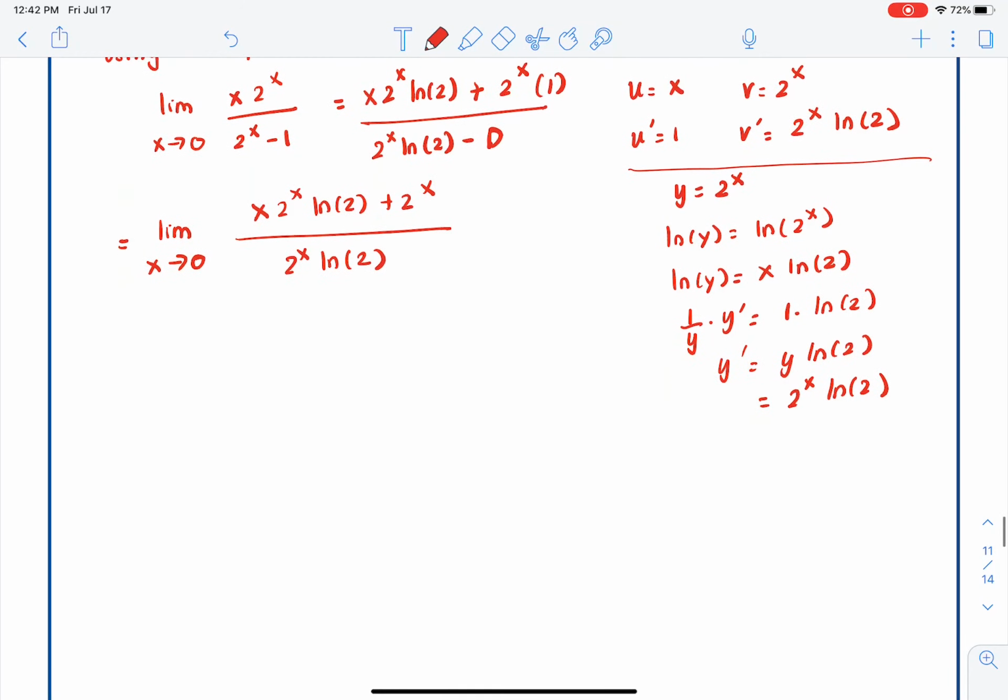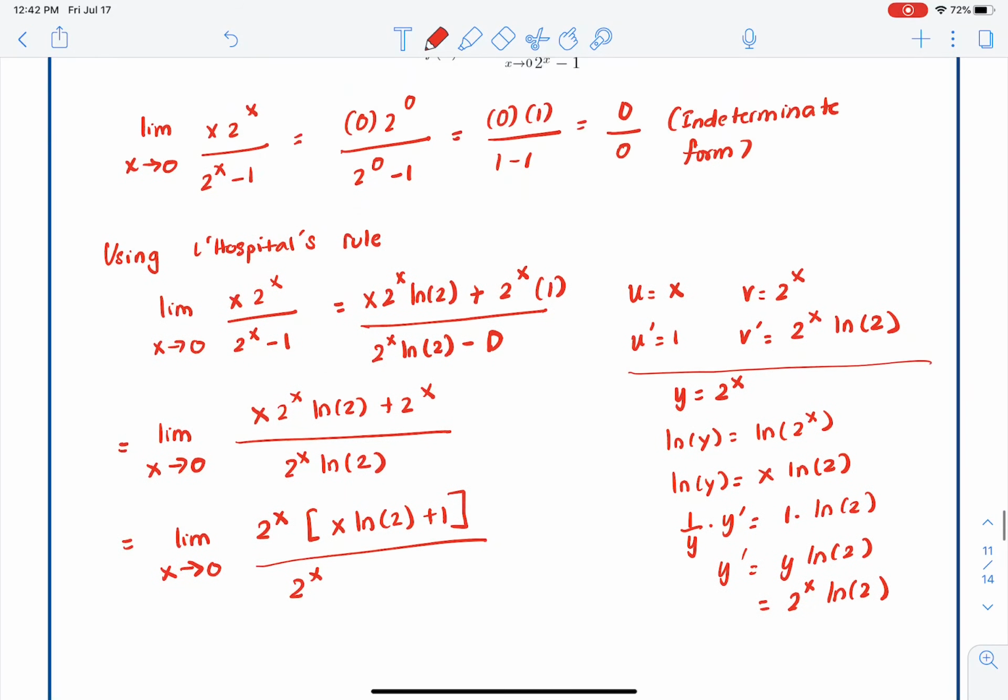Limit x approaches 0. We have a common 2 raised x in the numerator. If I pull that out, I have x ln of 2 plus 1, divided by 2 raised x ln of 2.